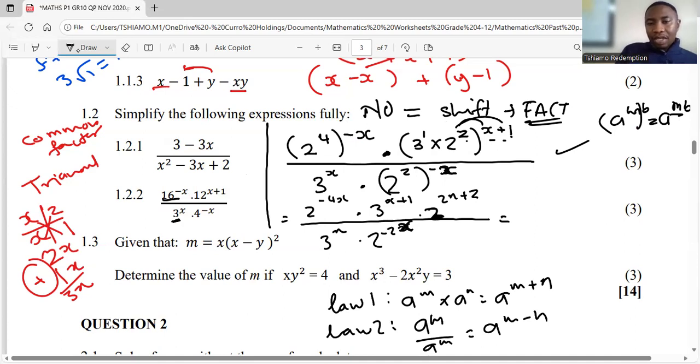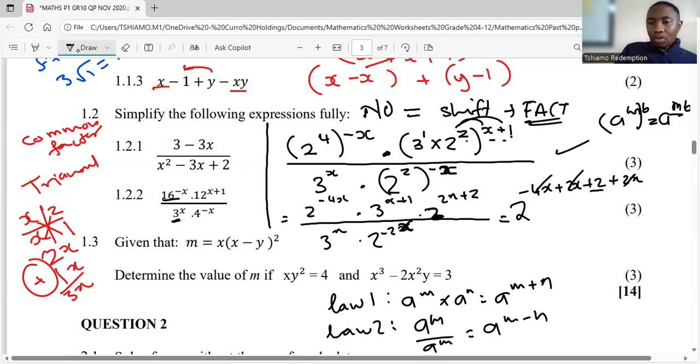So because of the negative, it's going to change it to a positive. So I'm going to have negative 4x plus 2x plus 2 plus 2x. Do you understand where this 2x is coming from? Because I'm subtracting this one. So 2x and 2x becomes 4x, and 4x minus 4x becomes 0.